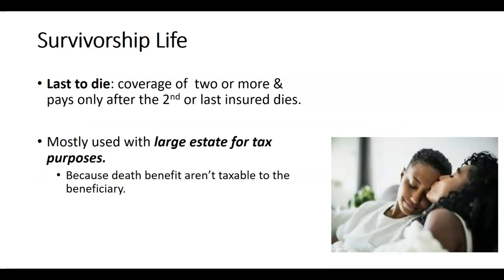All right, so when we got survivorship, that's second to die. The last survivor. So this is much similar to joint life. That's where it insures 2 or more lives for a premium that is based on a joint age.